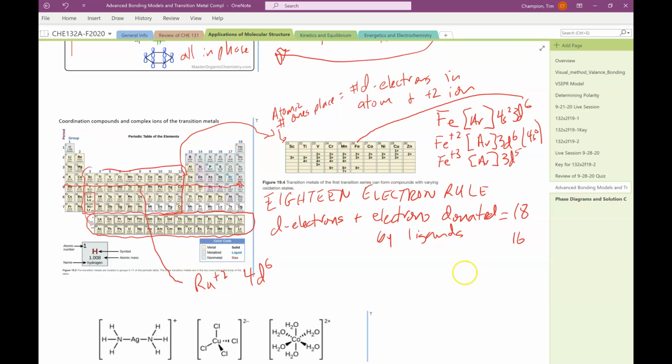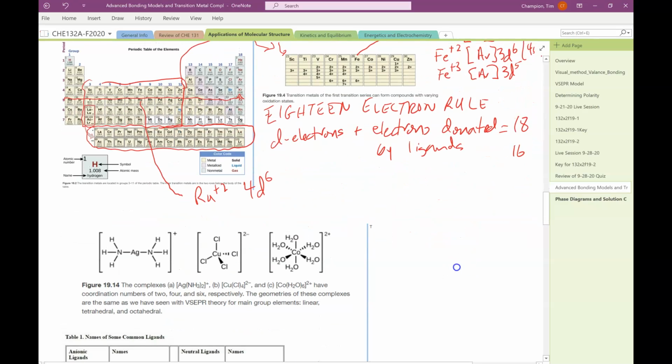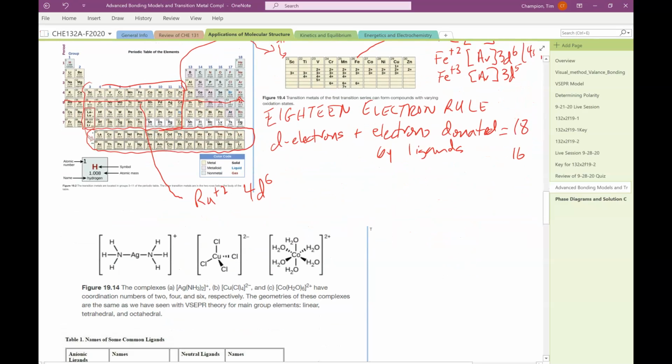I've got some depictions here, again from your textbook, of some complexes, and we'll maybe practice doing some of the calculations for these. So this first one here, you see the brackets there with a plus charge outside. That tells us it's a +1 ion. And you may recognize that we have an ammonia to the left and the right of the silver.